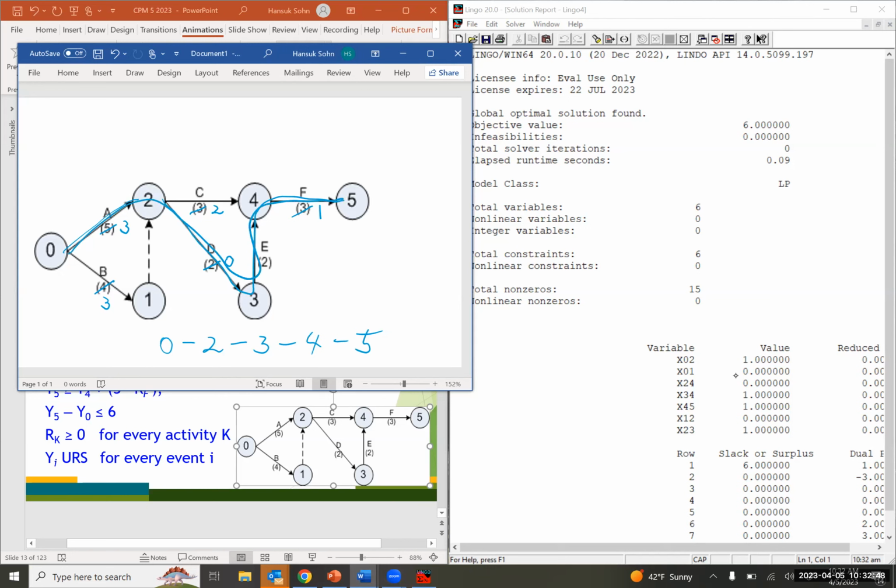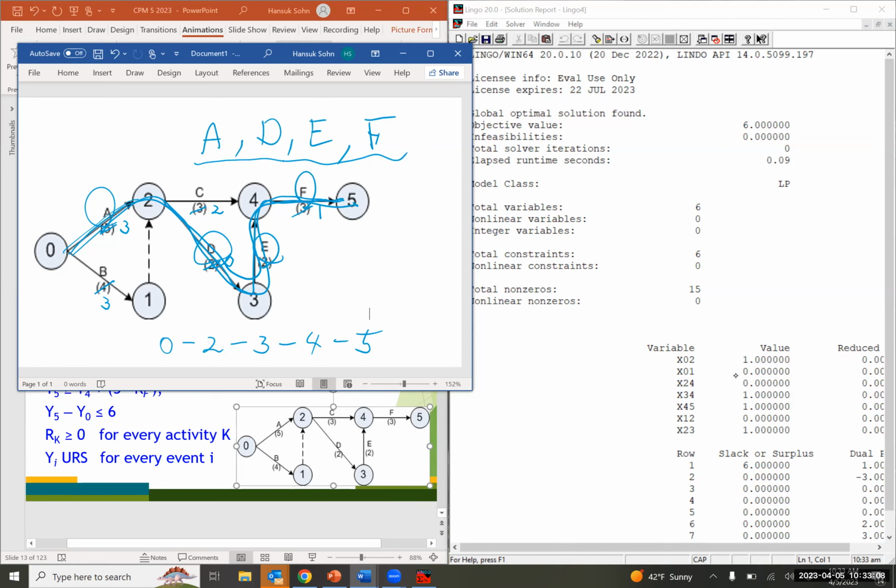So the critical activities do include A, D, E, and F. Those are the critical activities.